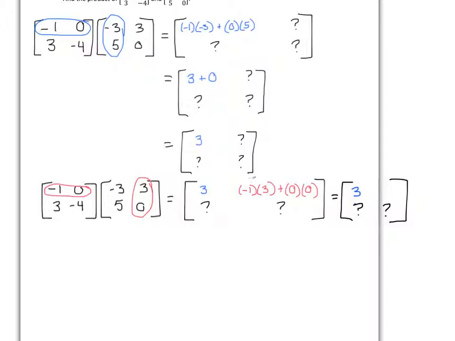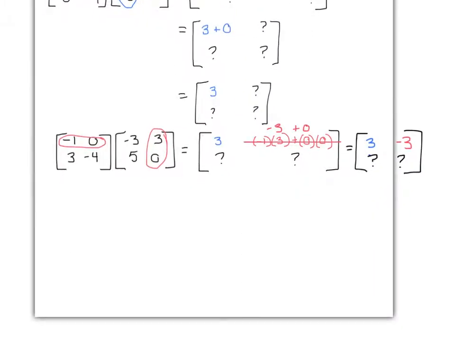That gives us -3, plus 0, so that gives us just -3. Now we have half of our problem done. Let's keep going. Again, so that I can look back at this and not be confused, I'm going to write it out again.